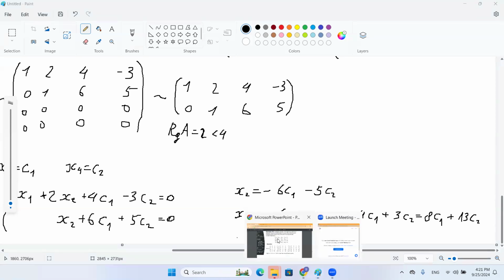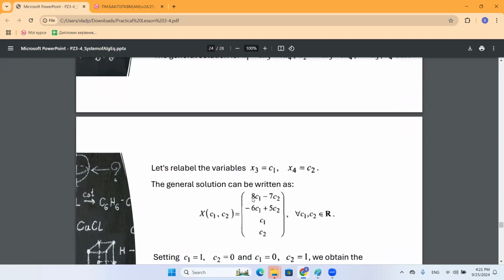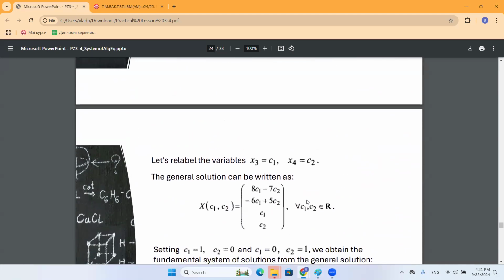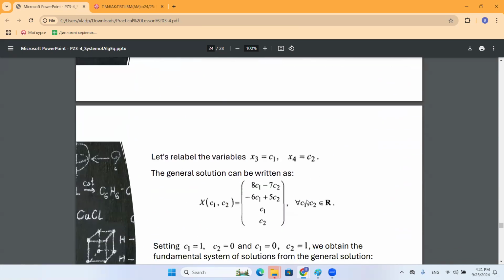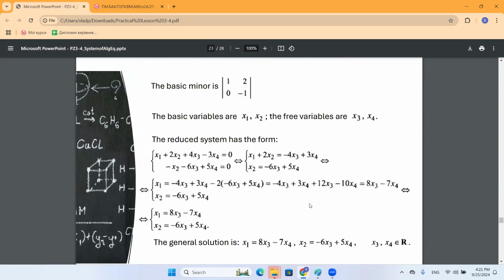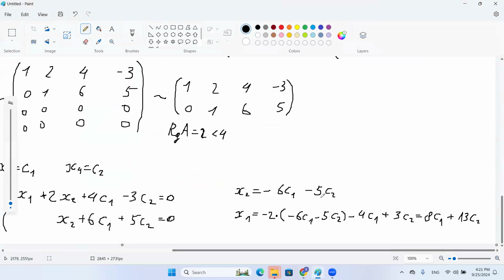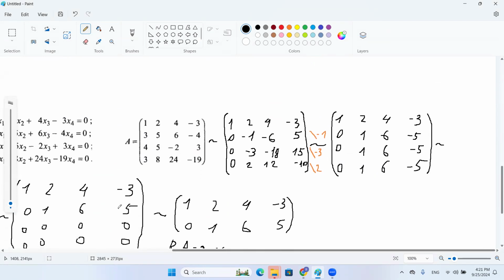Let's compare the result with the presentation. And it's different. Let's check our general solution once more. Something with the signs, of course. Minus 1 should be here.